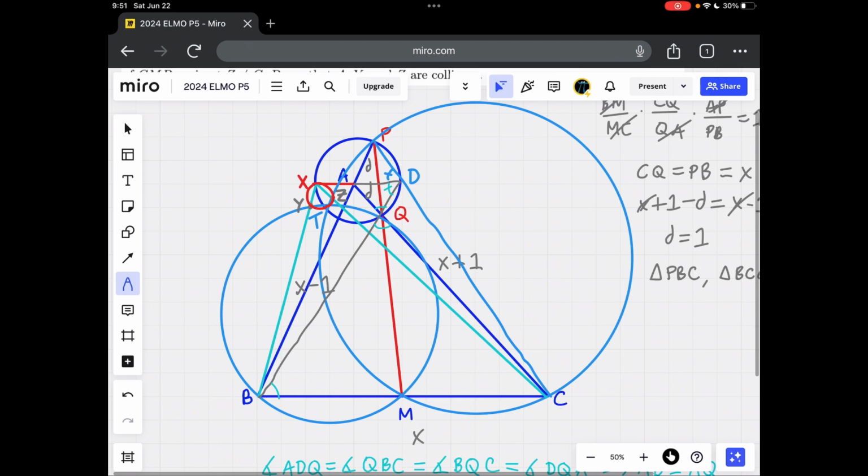So looking at the diagram closely, it looks like AX is tangent to the circumcircle of XYZ. But if you look even closer, it also looks like X, T, and M are collinear. So we conjecture that they are indeed collinear, and try to prove it.